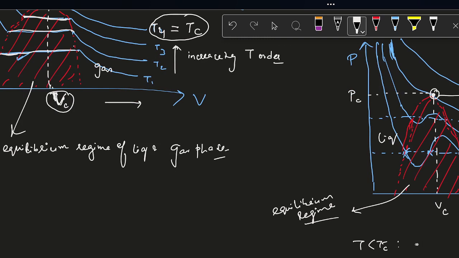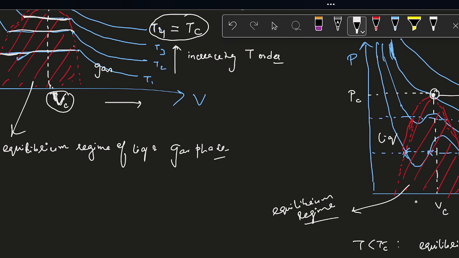At T less than Tc, all isotherms will have an equilibrium regime between liquid and gas, but at T greater than Tc there is no such regime.